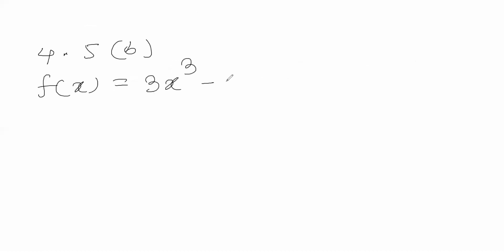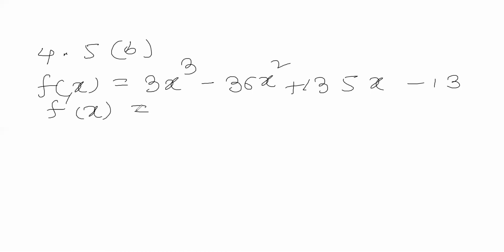So this is 4.5b, and the function is given as f of x is equal to 3x cubed minus 36x squared plus 135x minus 13. If we take the first order derivative, we get 9x squared minus 72x plus 135.